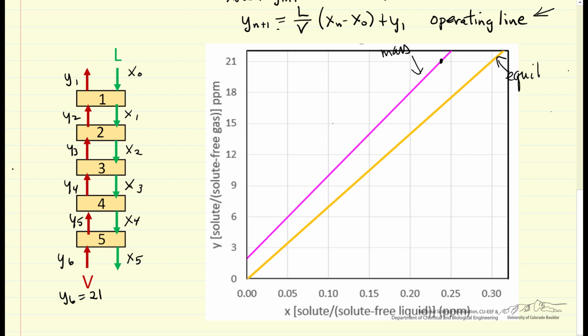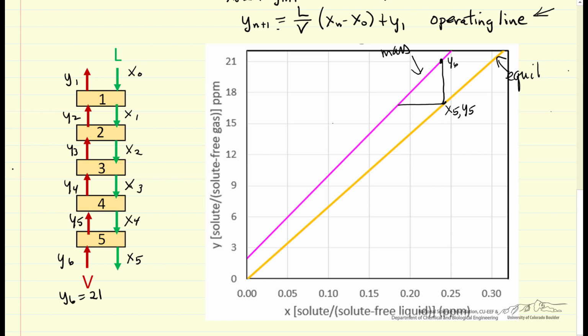And the way we determine equilibrium stages is that if this value here is Y6, this value then is going to be Y5 and X5. Because X5 and Y5, the values leaving stage 5, have to be in equilibrium, so they need to be on the equilibrium line.